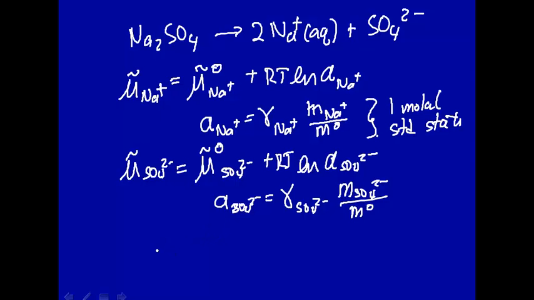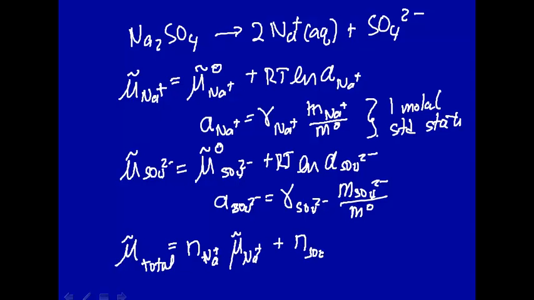Well, let's now look at the total. We'll have to put in some averages, and we'll define how those averages work in just a minute. But we'll look at the total electrochemical potential. That will be the number of sodium ions times the electrochemical potential of the sodium ions, plus the number of sulfate ions times the chemical potential of the sulfate.